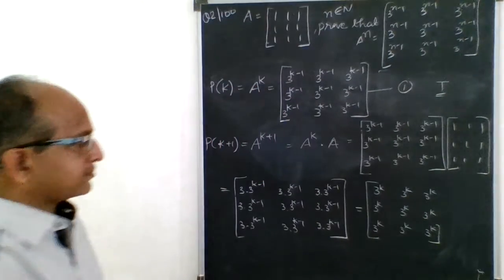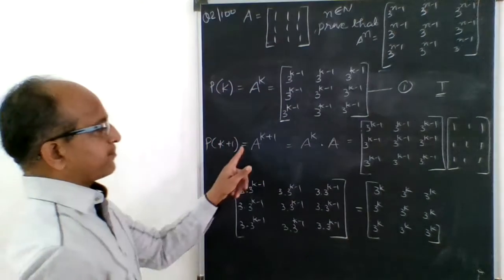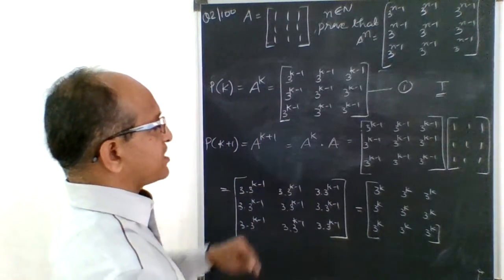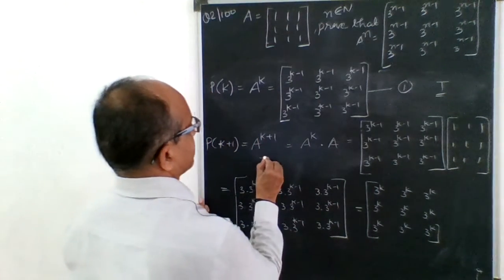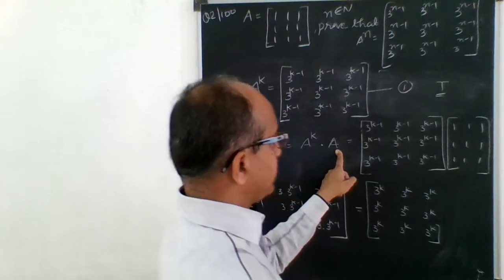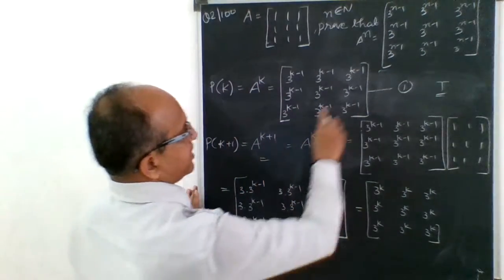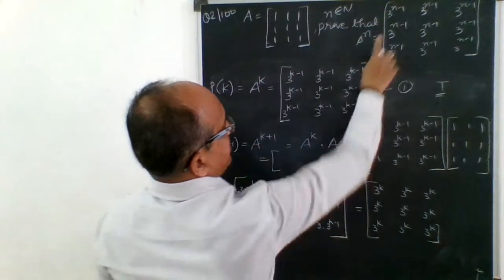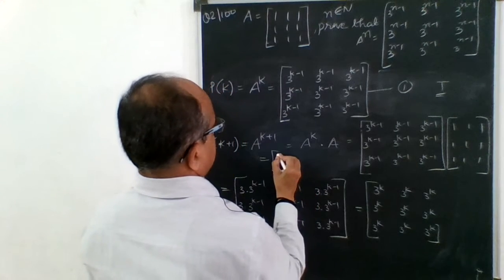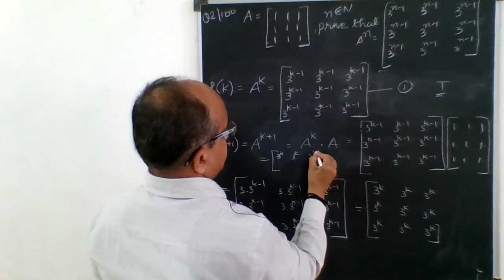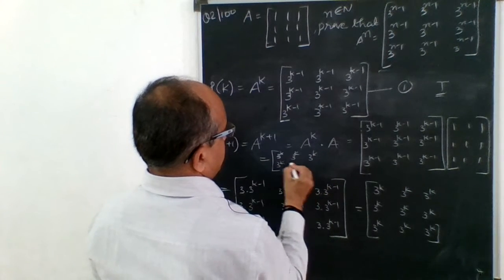Now see, when we substitute n is equal to k plus 1, this is what we did: A raised to k into A. But when we substitute n is equal to k plus 1 directly, what do we get? 3 raised to k in all entries.